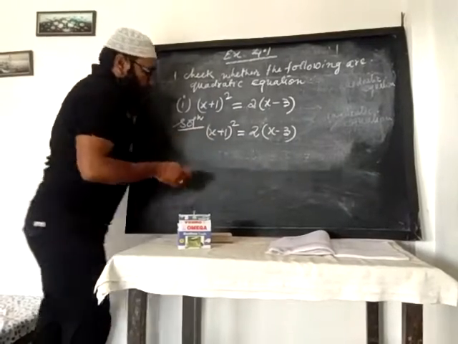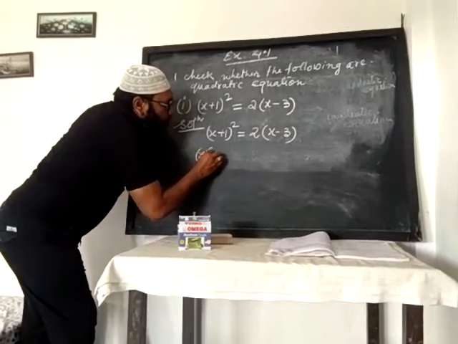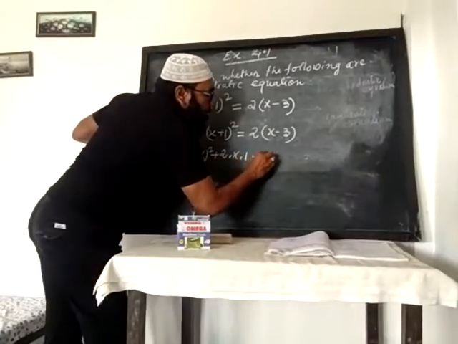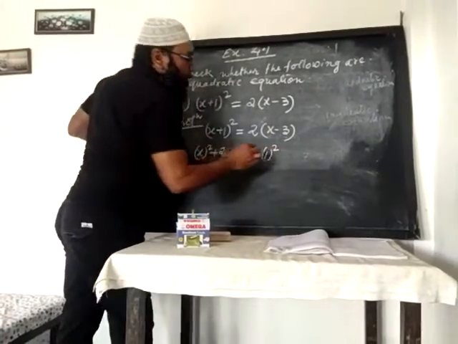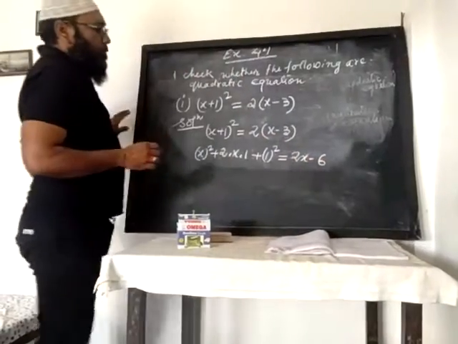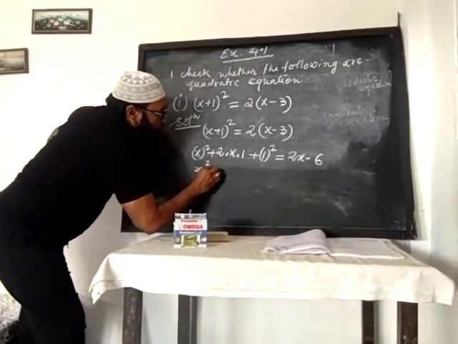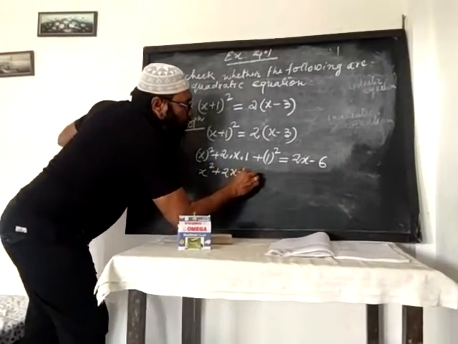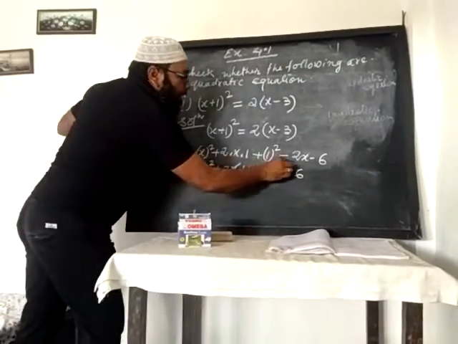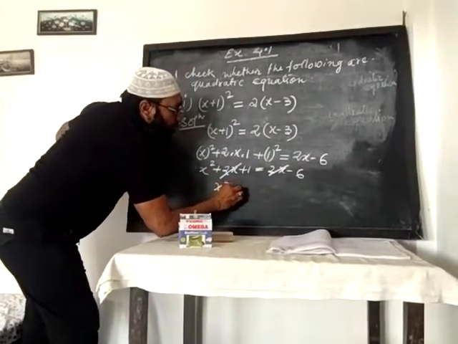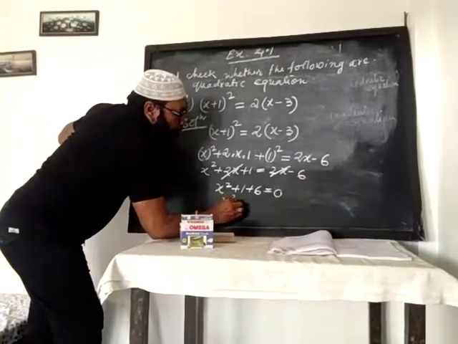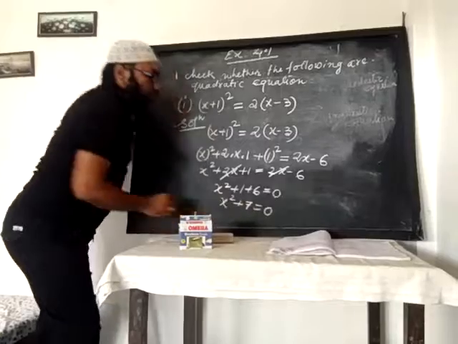Expanding, x squared plus 2x plus 1 equals 2x minus 3. The 2x cancels. x squared plus 1 plus 3 equals 0, so x squared plus 4 equals 0.